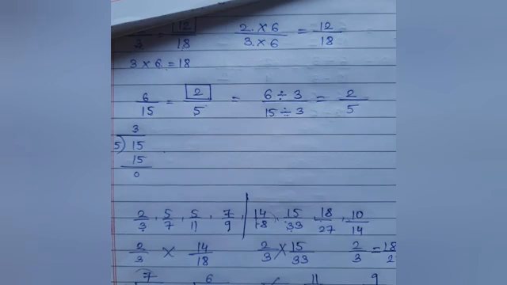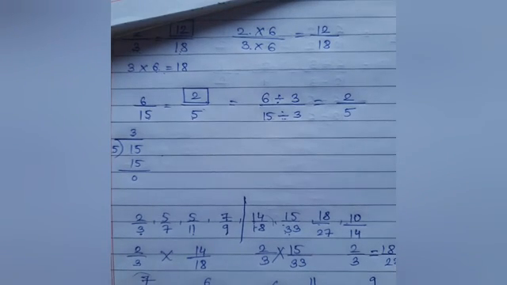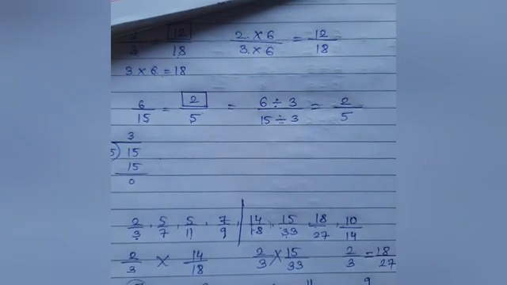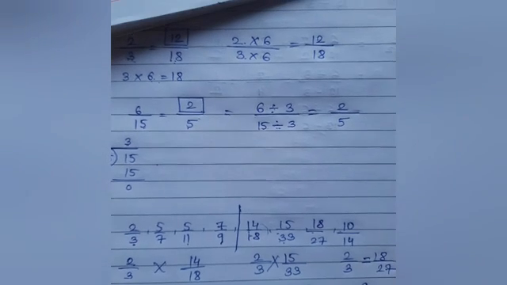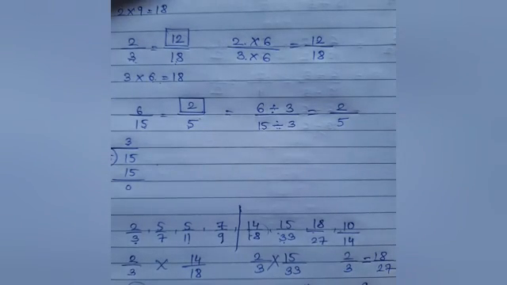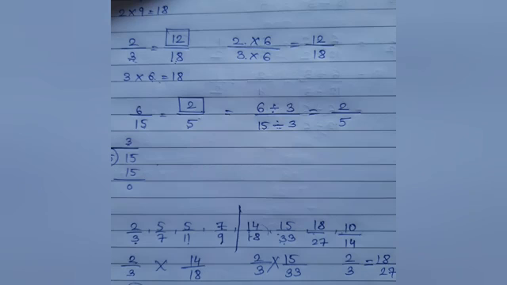Now, about question 5, the question is given as we have to use any number which will be the same for both the numerator and denominator, like this, and find two equivalent fractions for each fraction.